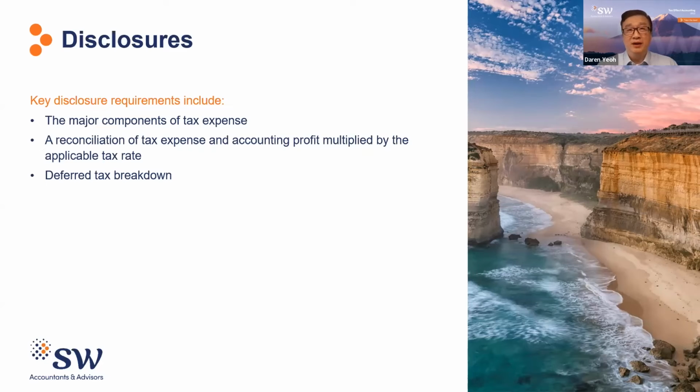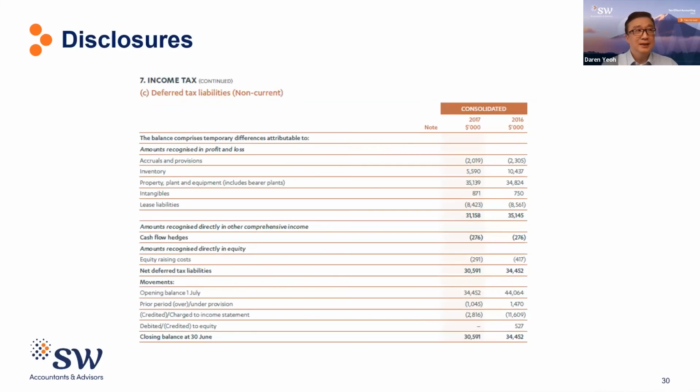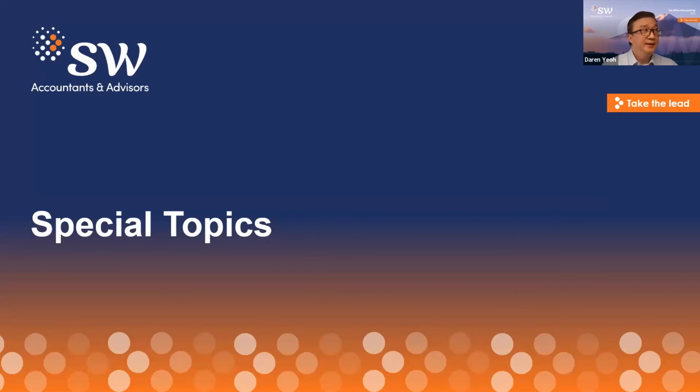You also need to provide a breakdown of your deferred tax asset and liability balances. And this is an example of a tax note. So if you are a CTS user, the software generates and consolidates your tax notes for you.